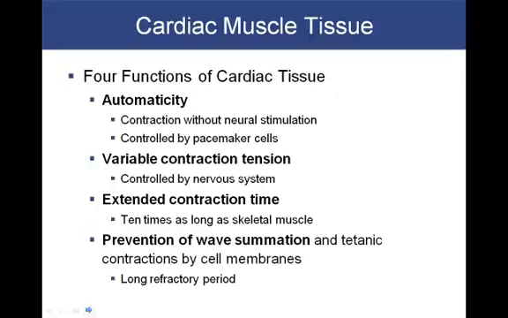We have four functions that can be associated with cardiac tissue. Automaticity is one. This is contraction without neural stimulation. The actual electrical activity of the heart is controlled by the pacemaker, a group of neuron-like cells that maintain the electrical activity within the heart, the pace.